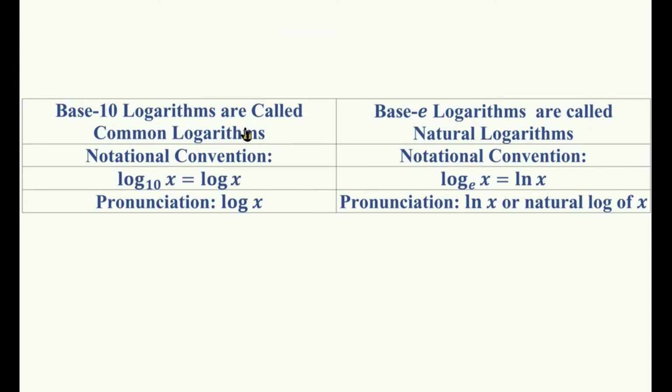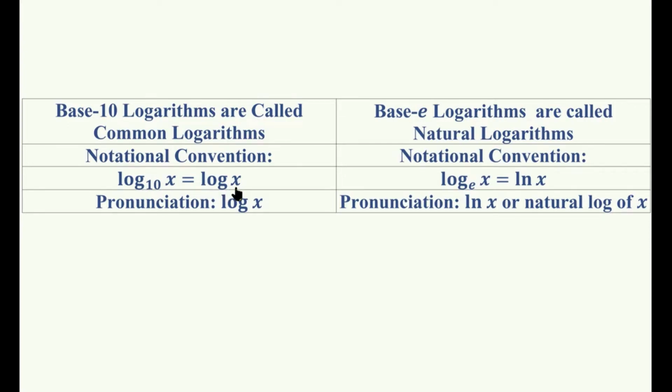Base 10 logarithms are called common logarithms because they are utilized quite often in the natural sciences. And the notational convention is that since they're used so often, we just drop the 10. And when you see log x and you don't see a base, you can automatically assume that the base is 10. Of course, a logarithmic expression without a base doesn't make any sense.